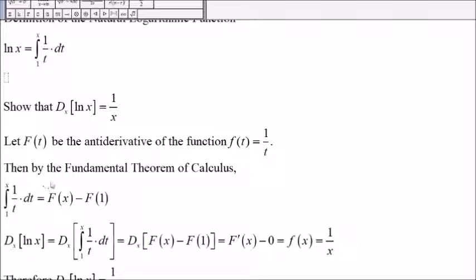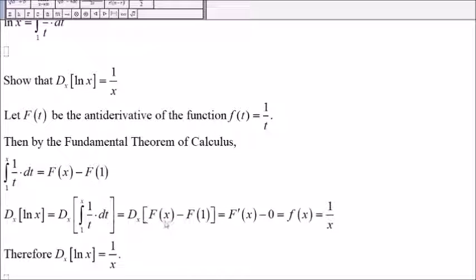By the fundamental theorem of calculus, this integral right here is the antiderivative evaluated at x, the upper limit of integration, minus the antiderivative at 1, the lower limit of integration. Now we'll take the derivative of both sides. We have the derivative of ln of x, which is the derivative of this integral right here, and we have the derivative of the right side.